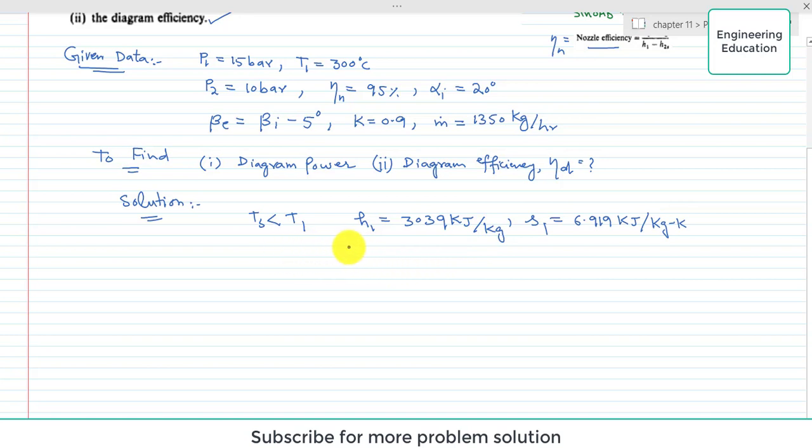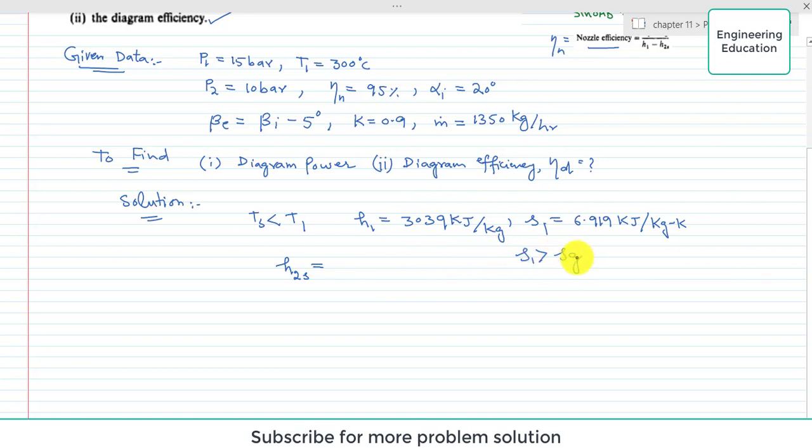Similarly, to find the value of H2S, which we need here, again visiting the saturated steam tables, we see that the specific entropy value 6.919 is greater than the value of SG, meaning that S1 is greater than SG.